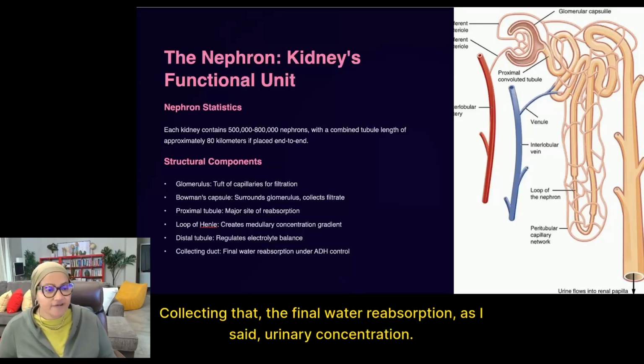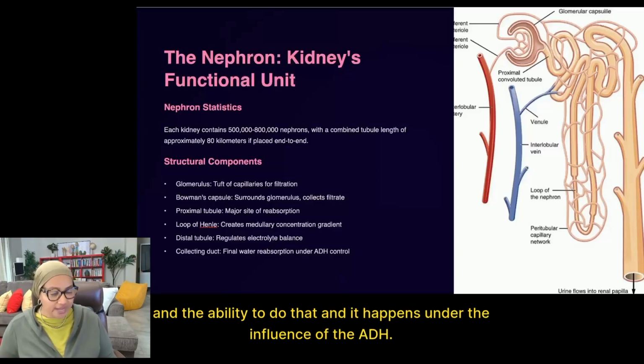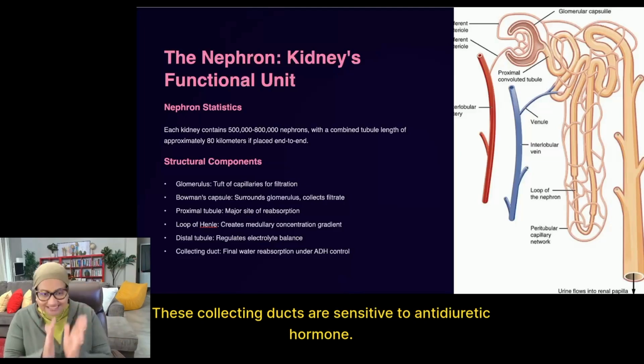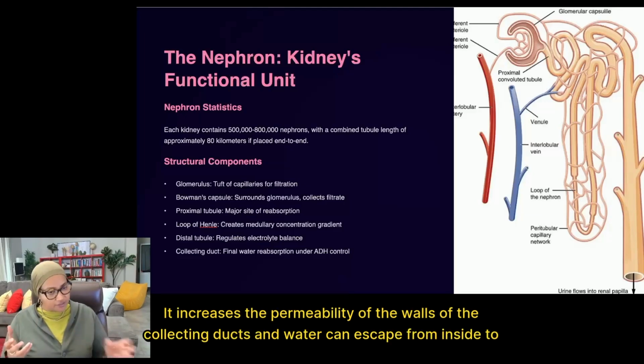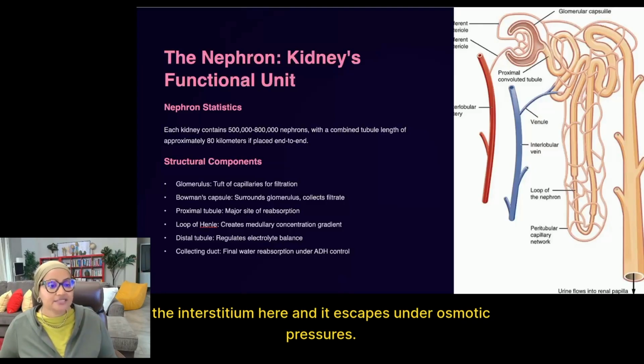Collecting ducts: the final water reabsorption, as I said, urinary concentration, and the ability to do that happens under the influence of ADH. These collecting ducts are sensitive to antidiuretic hormone. It increases the permeability of the walls of the collecting ducts, and water can escape from inside to the interstitium here, and it escapes under osmotic pressures.